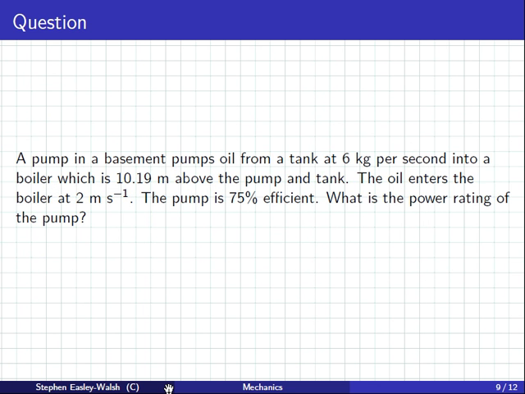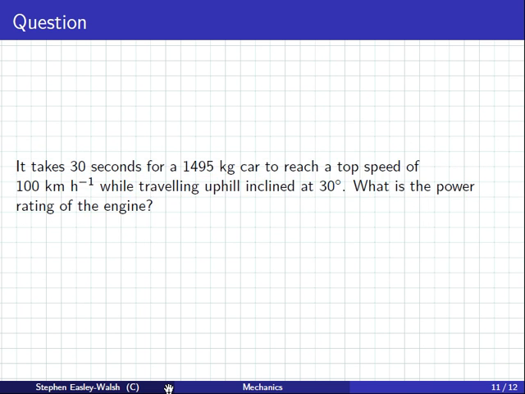I want to do one at an angle. This pump one is a little tricky. I think I'll let you try the ones in the book to see. But I want to do one that's at an angle. I might do something like this one.